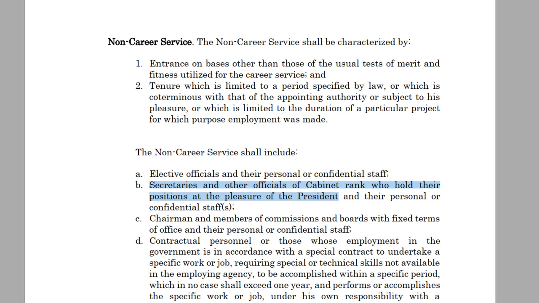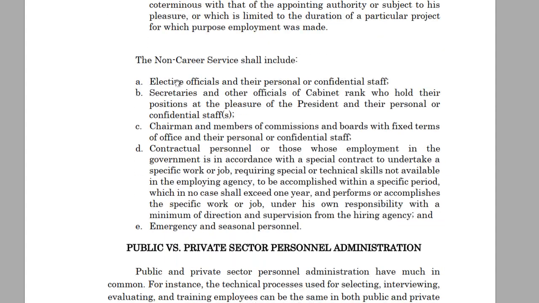Most importantly, let's say for example, their appointment is limited to a period time. Normally, coterminous sila. Pag sinabi natin coterminous, pag natapos na ang term ng presidente, then basically, wala na rin sila dun sa posisyon. They should render resignation na unless i-rehire pa rin sila or i-retain sila ng susunod na presidente ng Pilipinas.